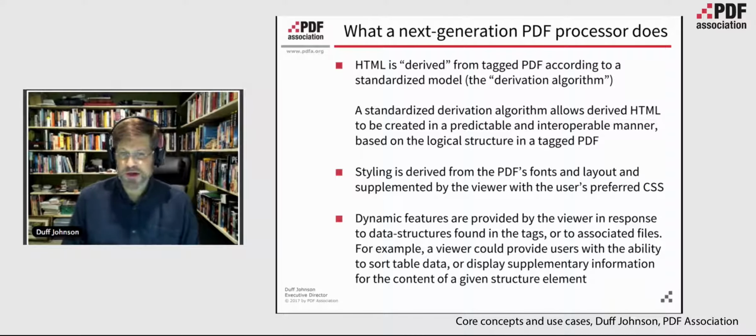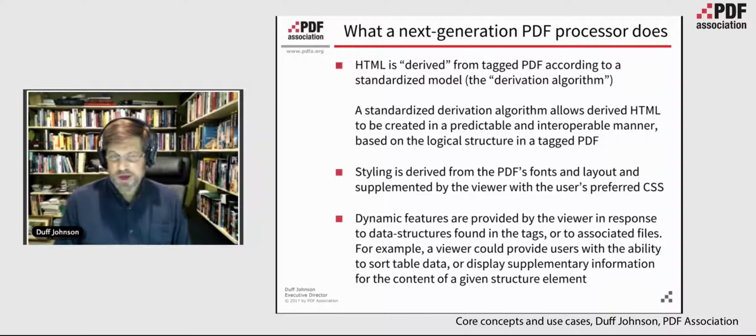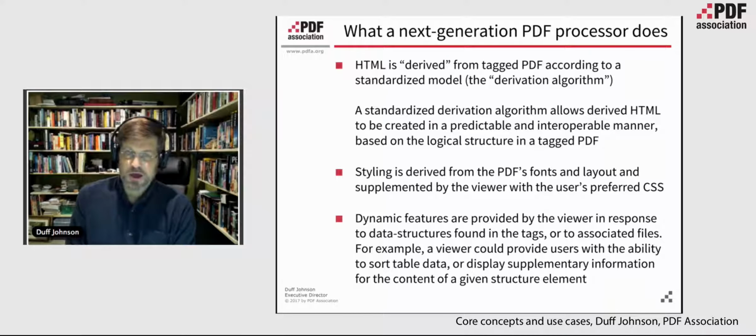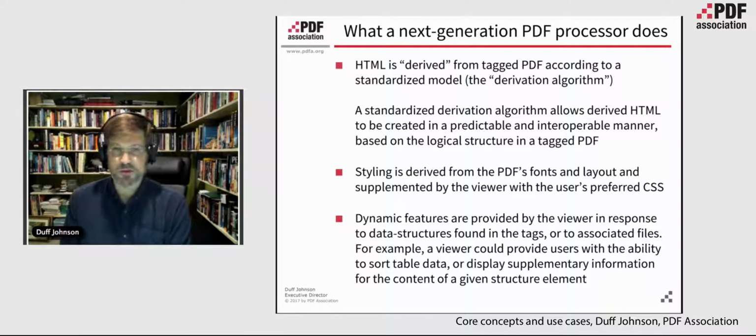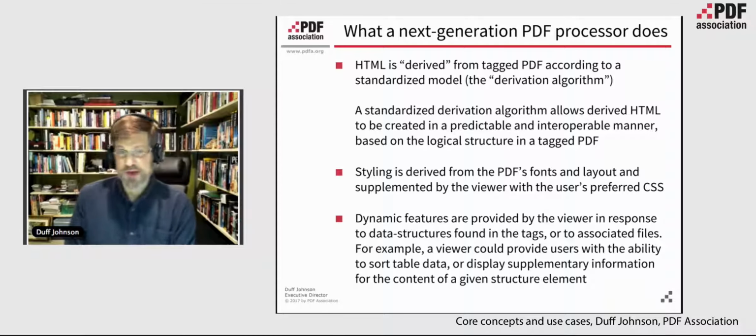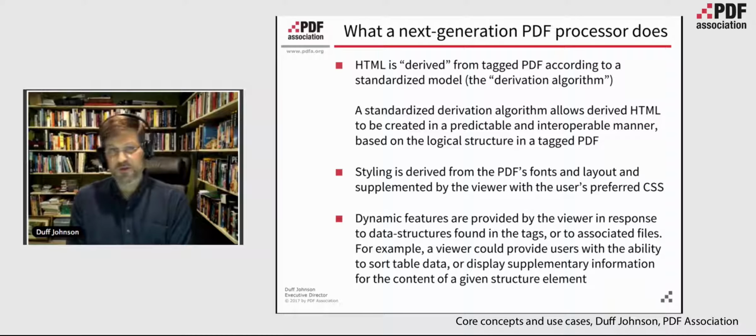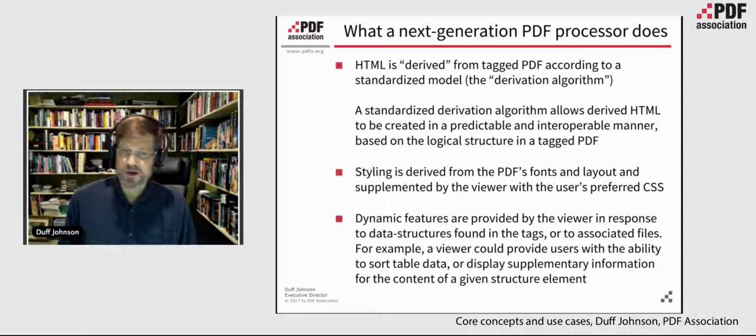And the whole point of the standardized derivation algorithm is to improve the predictability and interoperability of the HTML that is derived from a PDF file for the purposes of displaying to, well, I should say representing it to a user on a mobile device or a tablet, for the purpose of representing it perhaps to a search engine, which would discover that it had all kinds of semantics available to it and had a lot less search errors associated with it.